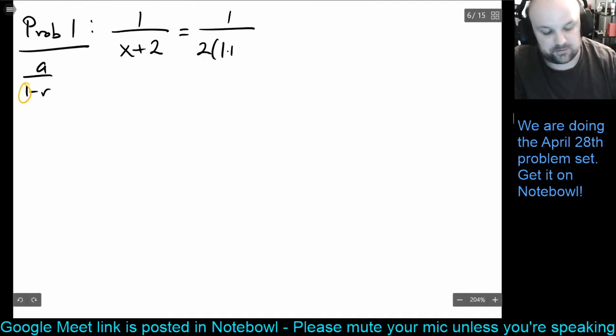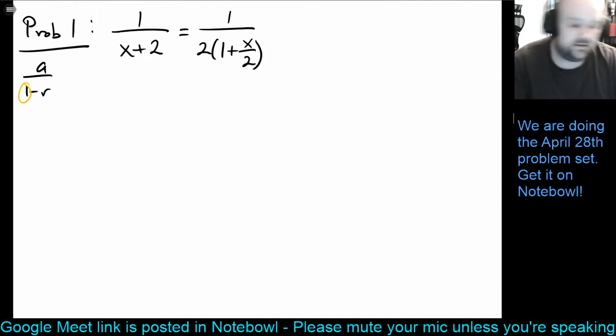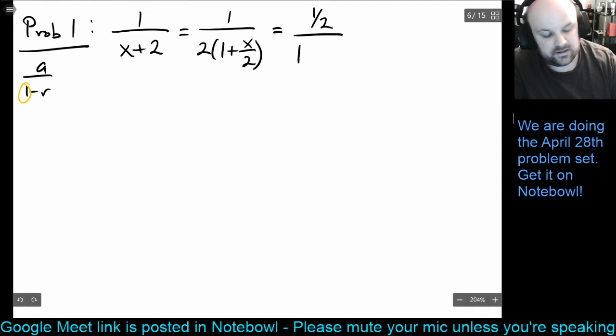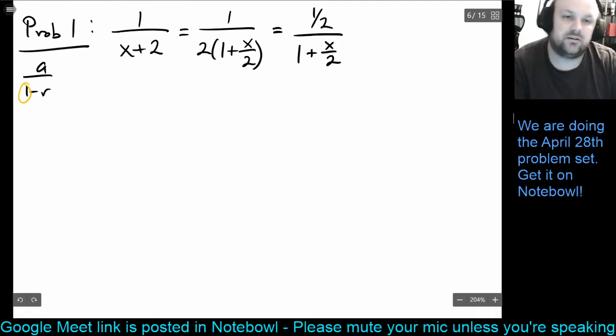So this is 1 plus x over 2 now. Great, I have a 1 there. Now I'm going to take this 2 and push it into the numerator. So that's going to cause me to have a 1/2 on top and 1 plus x over 2 on the bottom. All right.